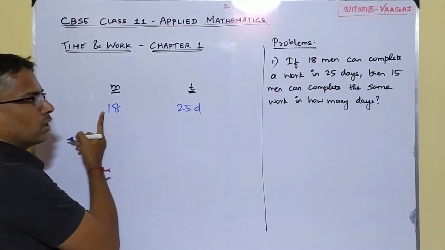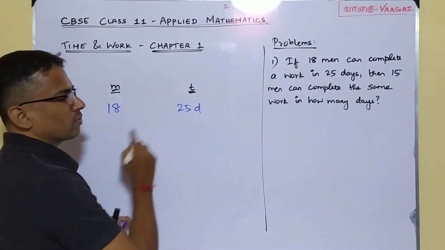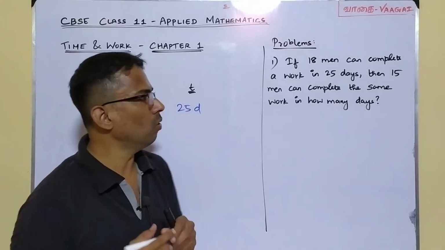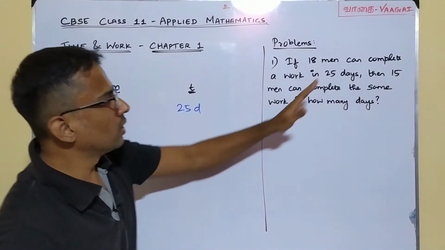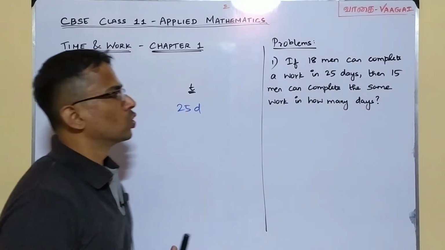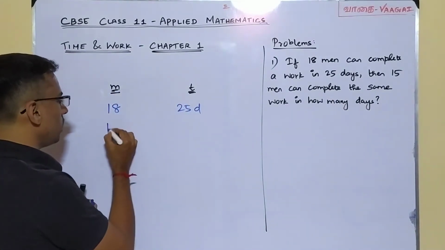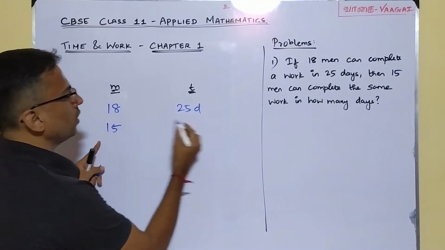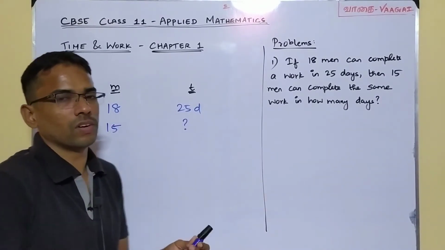So 18 men, and under time I am taking 25 days. And what next is given to us? Then 15 men can complete the same work in how many days? That's our question. Very simple.